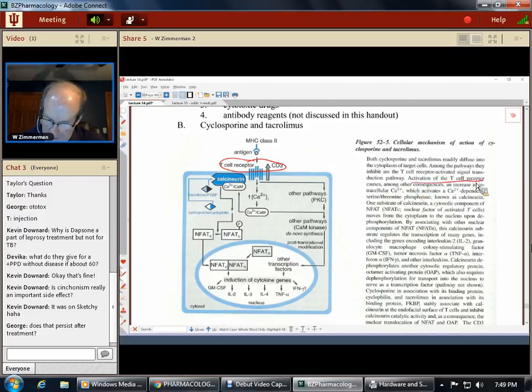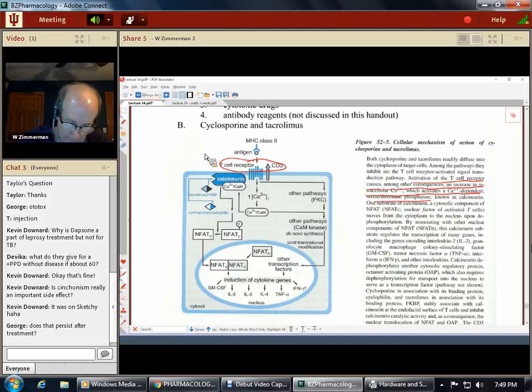Caption over here: activation of the T cell causes, among other consequences, an increase in intracellular calcium, which is going to activate a phosphatase. So the calcium will go bind the calmodulin, and here's the calcineurin. This is the phosphatase. Obviously, this is a lymphocyte that we're looking at.